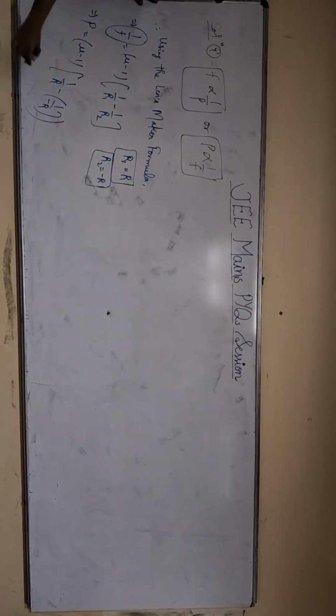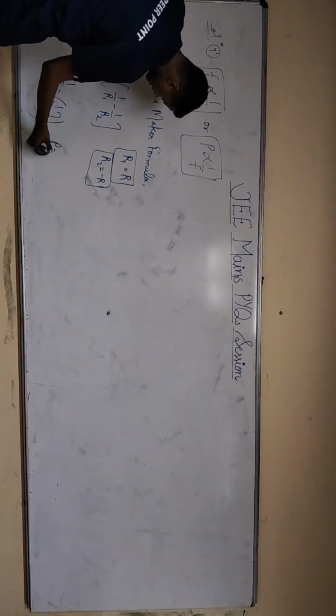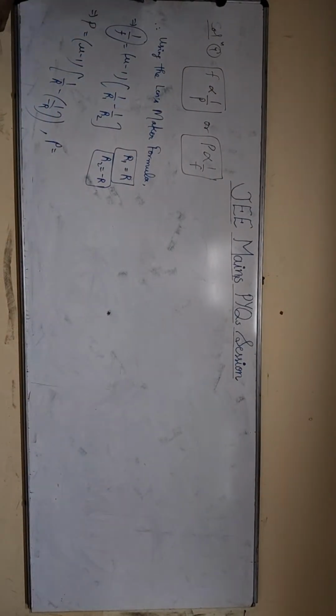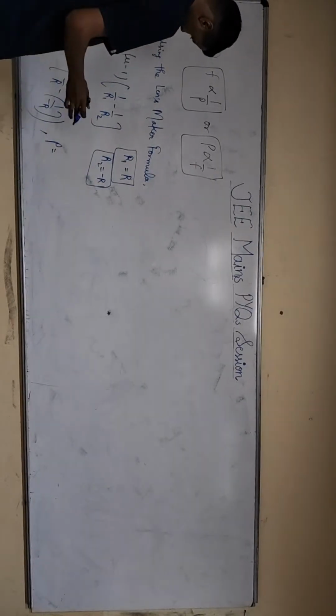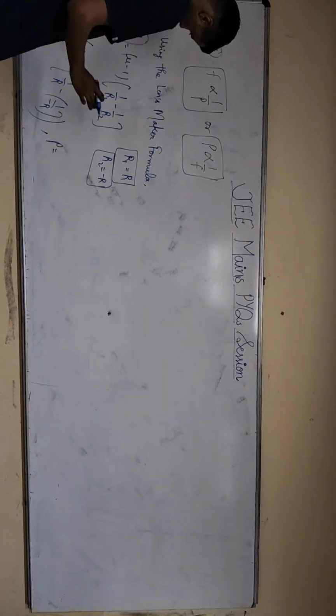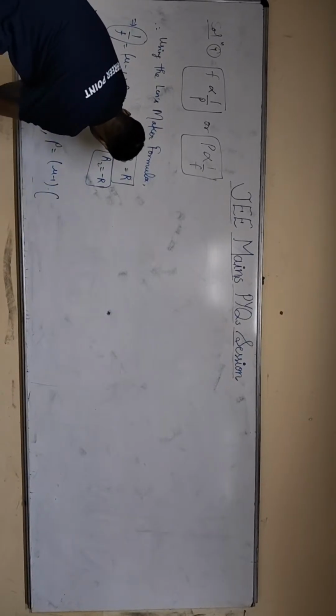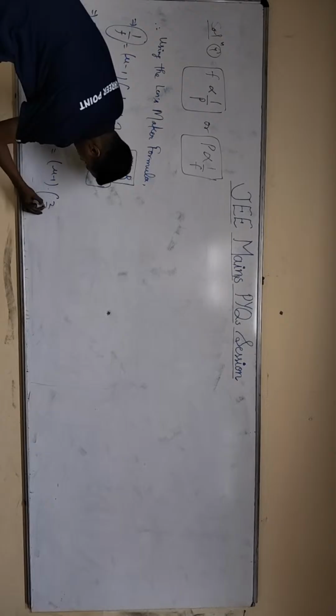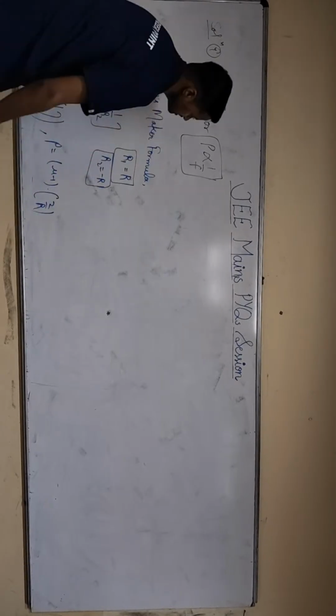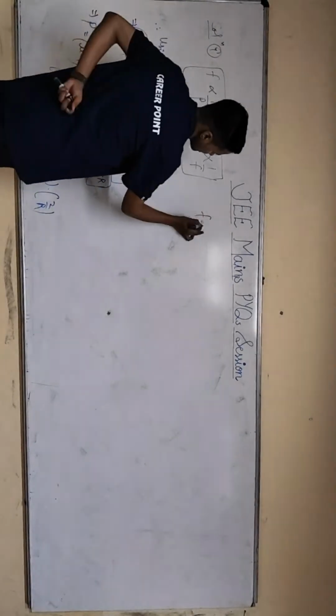So after solving this, you get the value of power: 1 upon R plus 1 upon R, that is 2 upon R, times mu minus 1. Or we can write it as, you know very well, f is equal to R by 2.